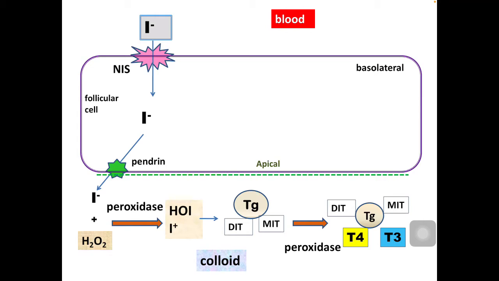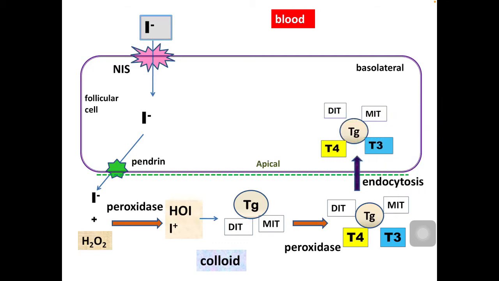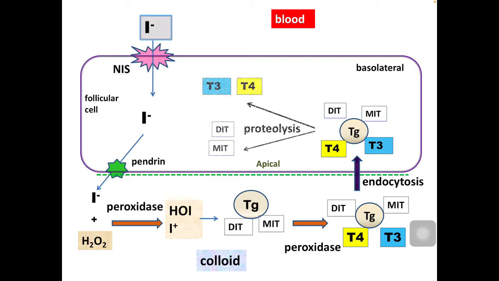Now at this stage, the thyroglobulin containing T3 and T4 is taken back into the follicular cell by a process known as endocytosis. In the next step, by proteolysis, the contents of thyroglobulin are broken down into individual fragments, whereby T3, T4, DIT and MIT are released.